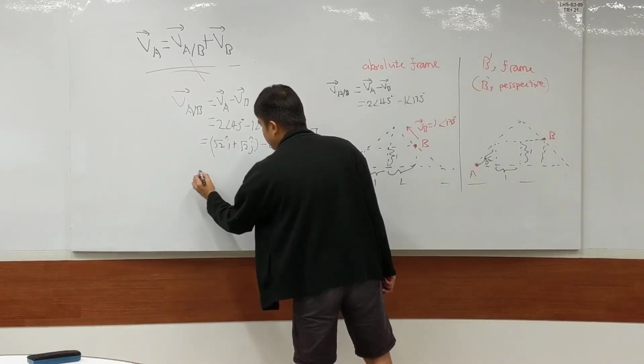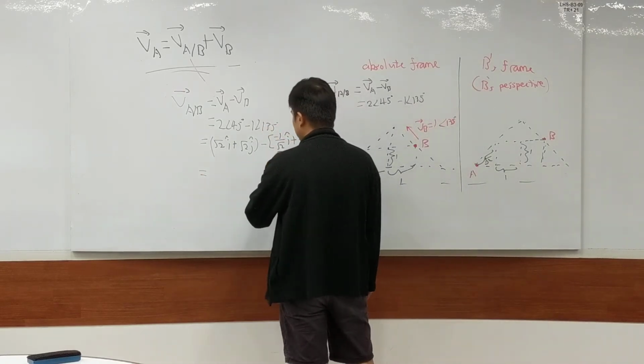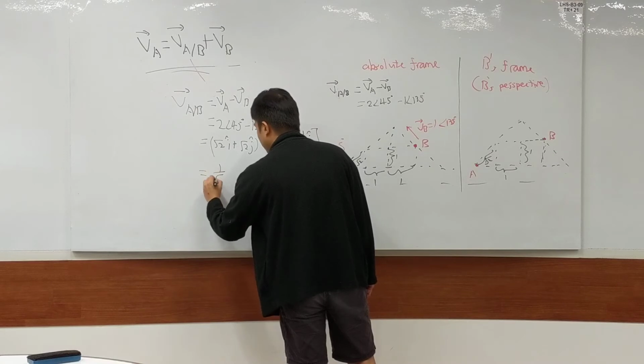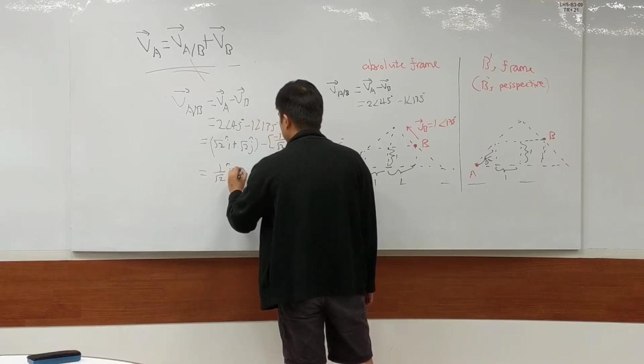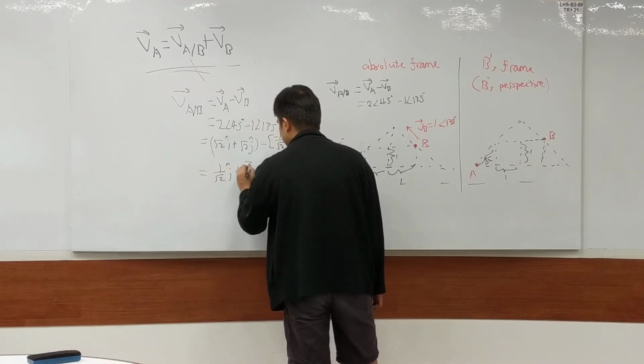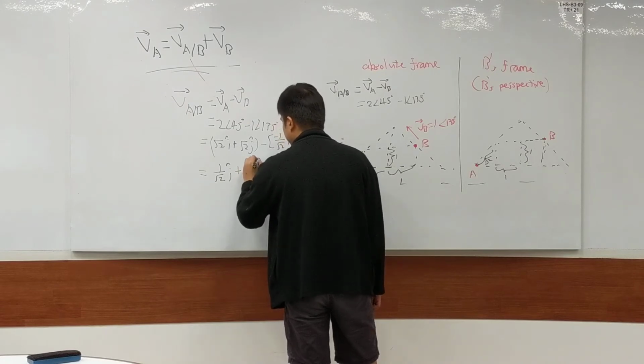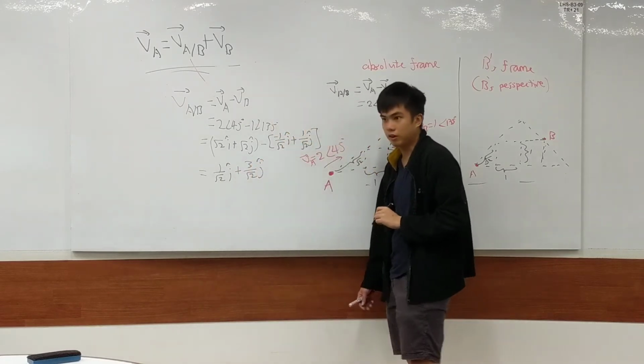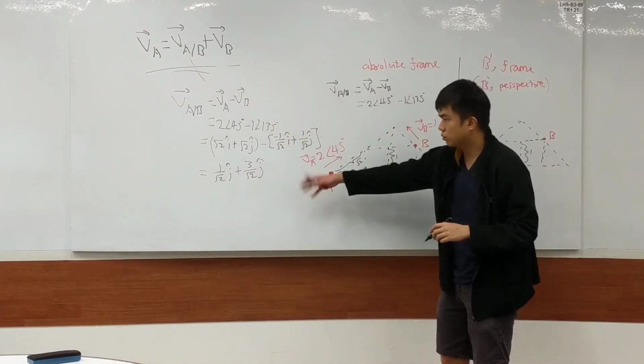If we combine them together, we get something interesting: 1 over square root 2 i plus 3 over square root 2 j.